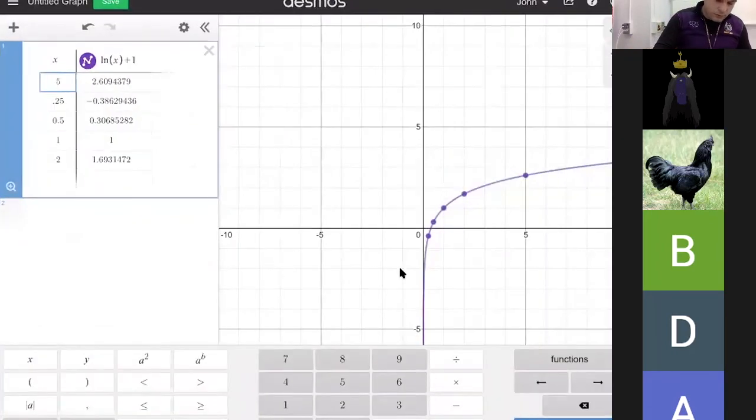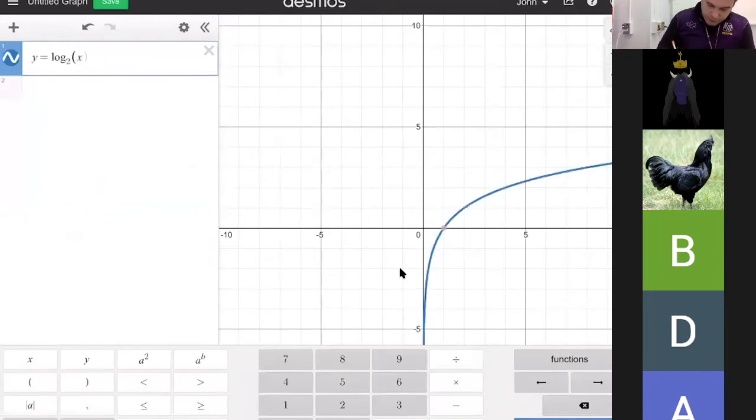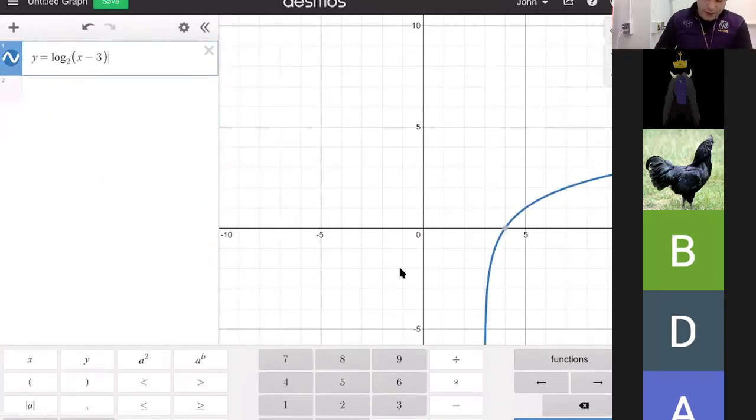First, let's do the log. y equals log base 2 of x minus 3. That's the first one. You see how it shifted over 3? You see how the x-intercept is x equals 3?